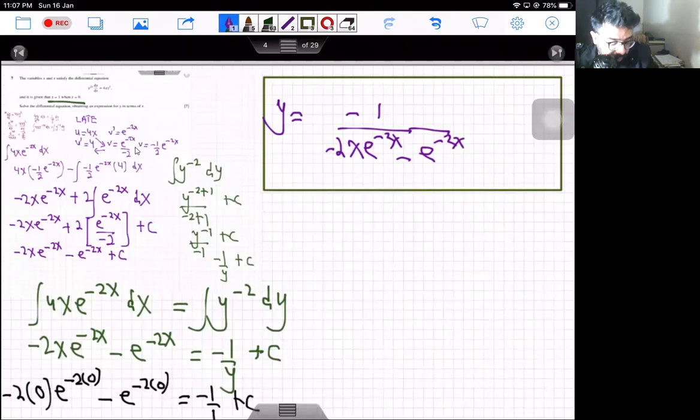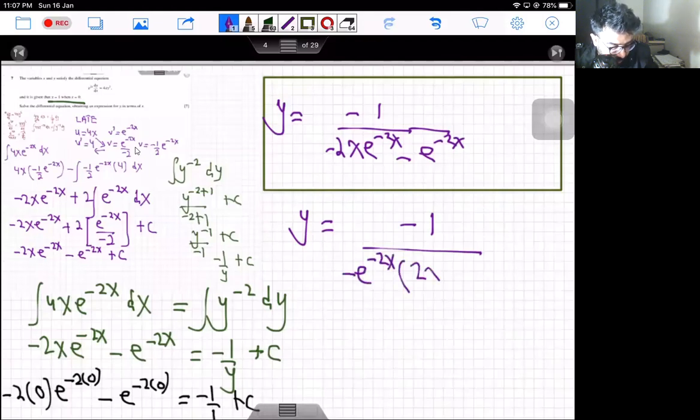What we can do over here is take minus e raised to the power minus 2x as common in the denominator. We can factor it out. So minus 1 divided by minus e raised to the power minus 2x multiplied by 2x plus 1. And this minus sign and minus sign cancel out, and you are left with 1 over e raised to the power minus 2x multiplied by 2x plus 1.